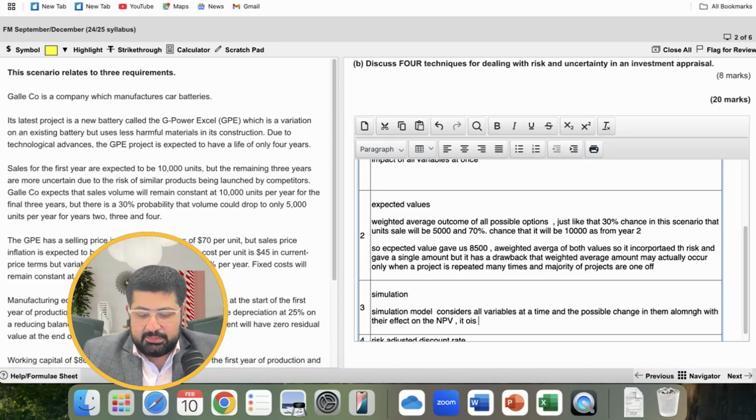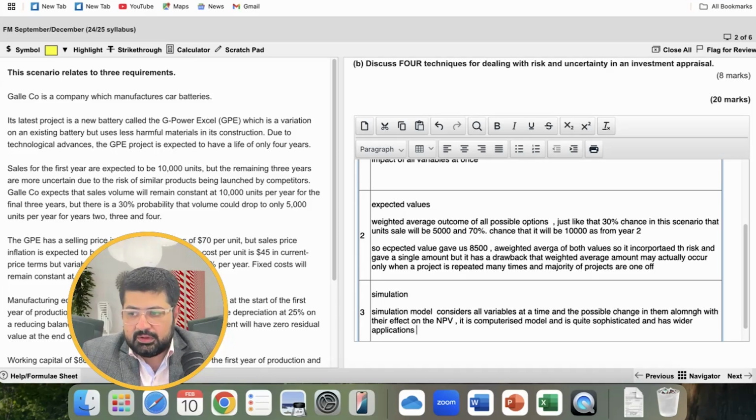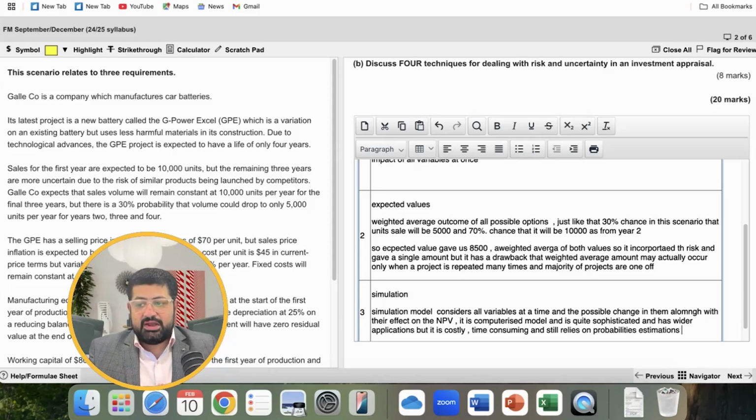It is a computerized model basically, and is quite sophisticated and has wider applications, but it is costly, time consuming, and still relies on probabilities, estimations. So this is another point.